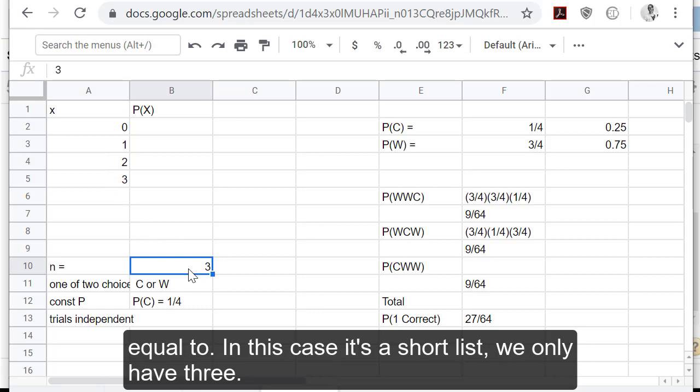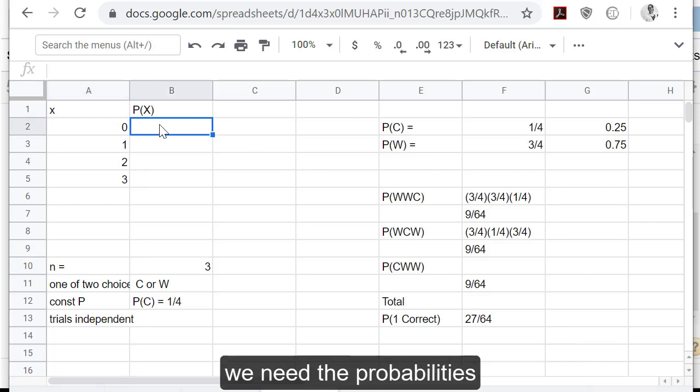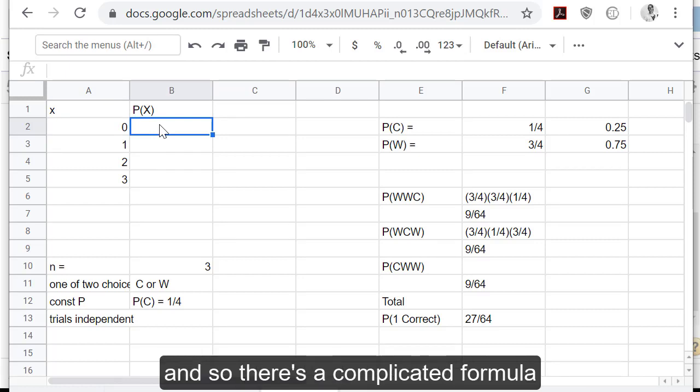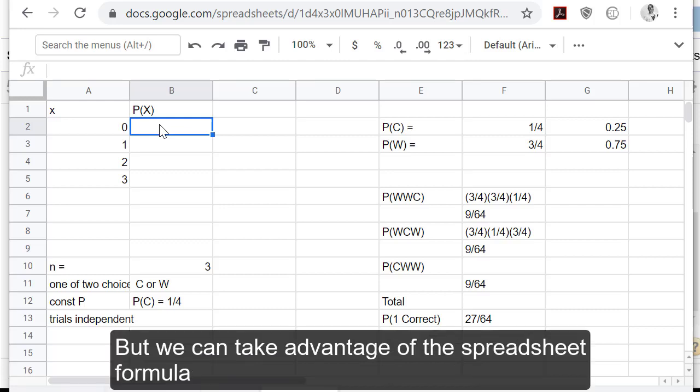In this case, it's a short list. We only have 3. In constructing this binomial distribution table, we need the probabilities, and there's a complicated formula in the textbook, but we can take advantage of the spreadsheet formula.